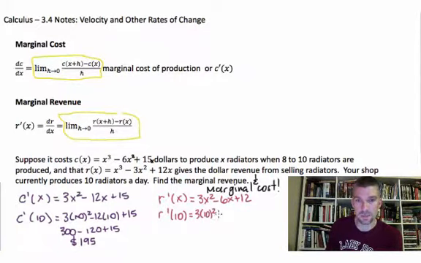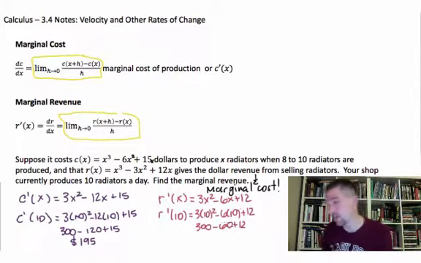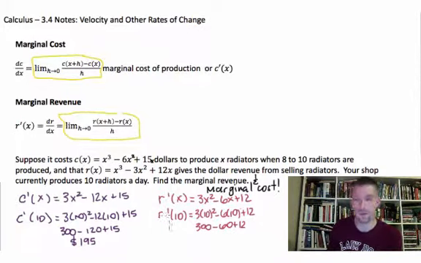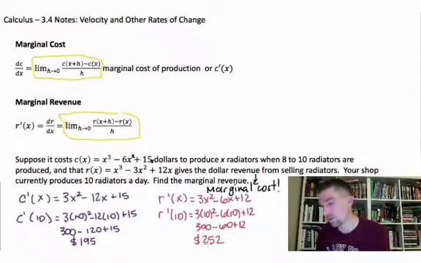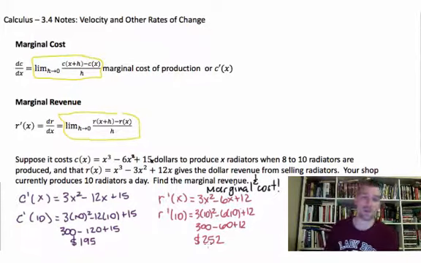So 3 times 10 squared minus 6 times 10 plus 12, which is going to be 300 minus 60 plus 12, and on that one I get $252 for marginal revenue. Okay, so there you go, a little marginal cost, marginal revenue.